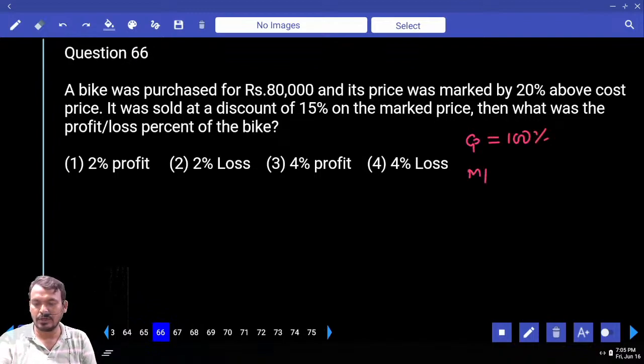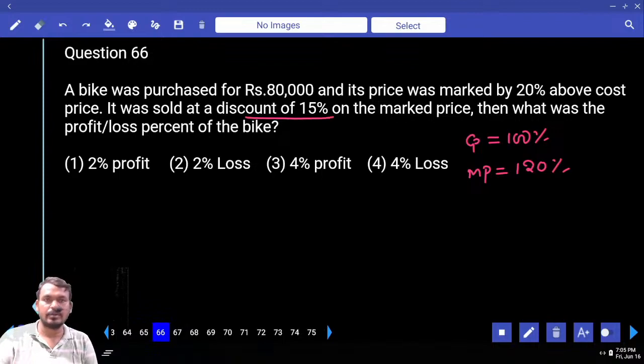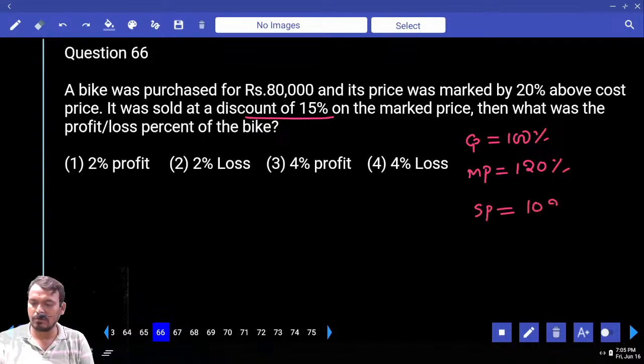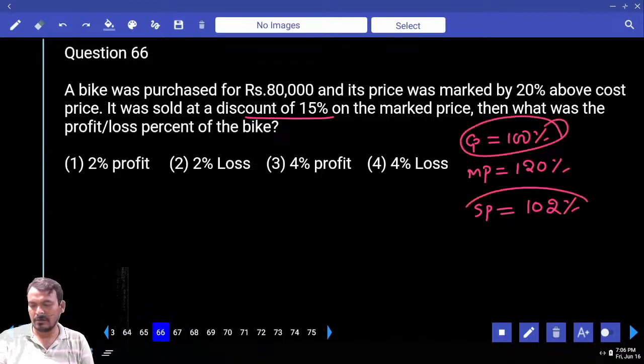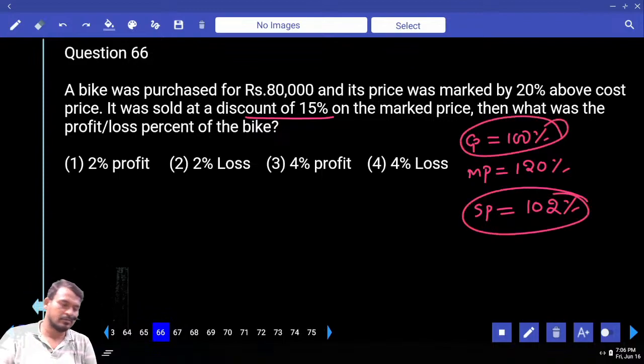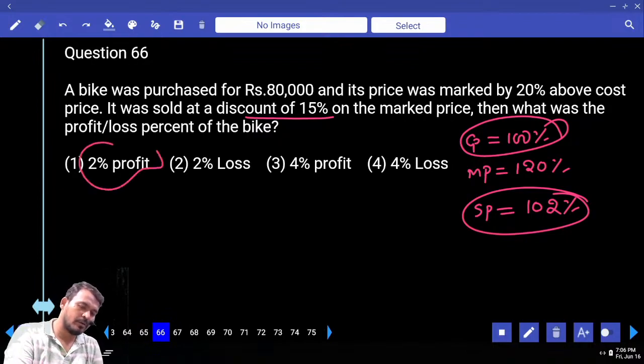Marked price 20% above means marked price is 120%. What is the discount? 15%. 15% of 120. 10%, 12, 5%, 6, 12 plus 6, 18, 120 minus 18, 102. Selling price is 102, cost price is 100. Profit or loss? Profit. 2% profit.